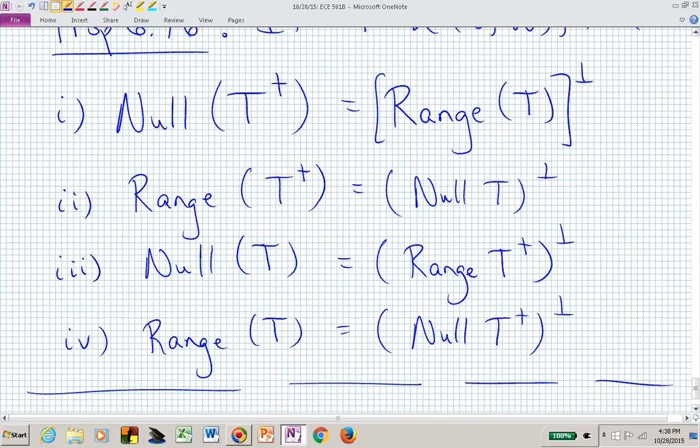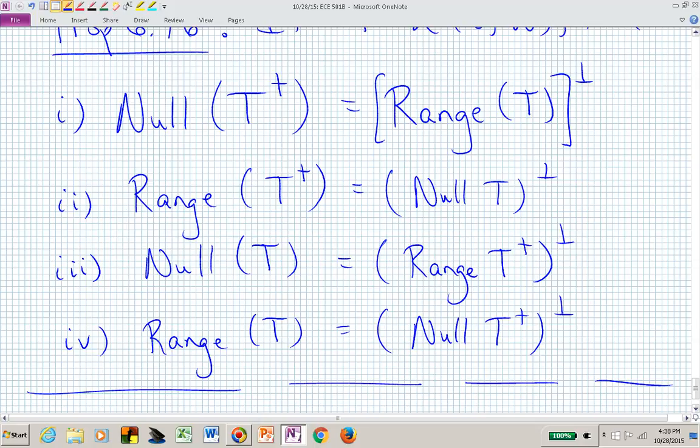If you look at these a little bit, do you see that 1 and 4 are related by taking the orthogonal complement of both sides? If you took the orthogonal complement of 1, you would end up with 4.